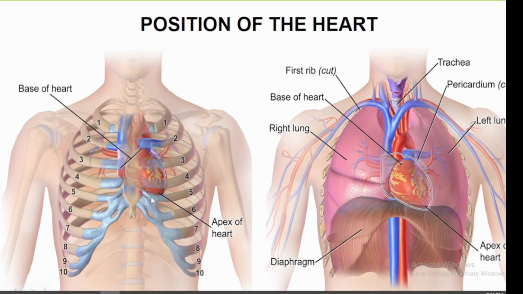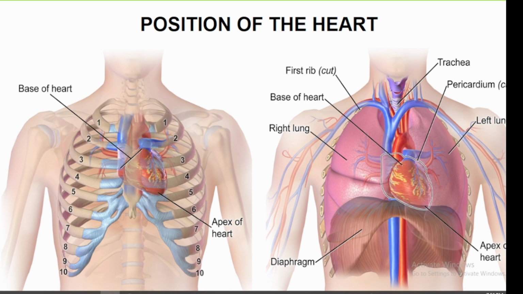All right, so the heart is resting on the diaphragm. This is the diaphragm, just as you can all see. The diaphragm is a layer of muscular tissue that helps us to breathe. The thoracic cavity is simply the chest cavity, the space underneath our ribs where the heart, the lungs, and the diaphragm are.